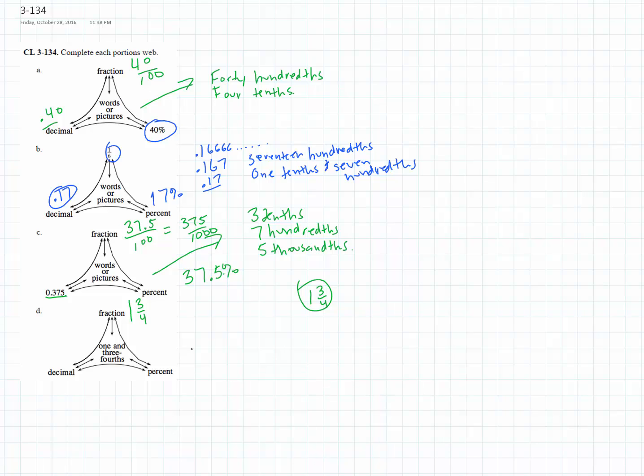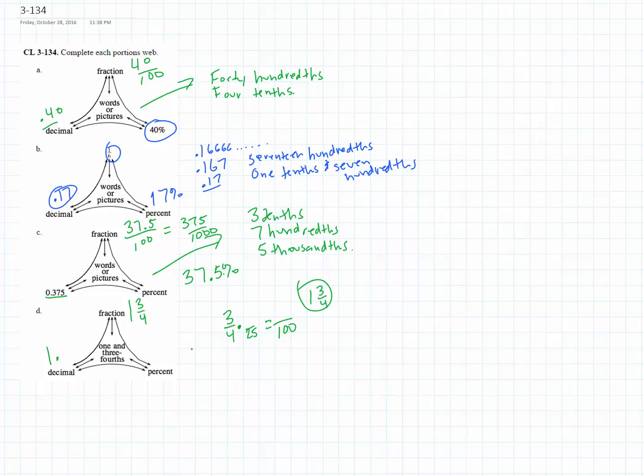Okay, so we could write that as a decimal. 1 and 3/4. We have to get out of 100 for the decimal, so we'll multiply by the giant ones. We have to make the denominator 100, so 4 times what equals 100? So 4 times 25 equals 100.